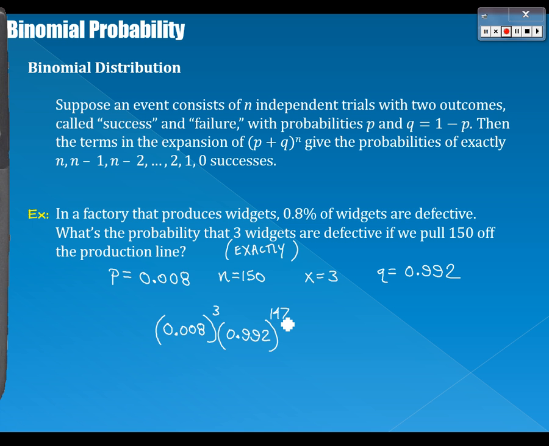It could be 3 defective followed by 147 good widgets. Or it could be the first widget is defective and the next 147 are good and the last 2 are defective. That would be a good way to do it. How many ways are there to do it? Something, choose something. Say it louder, Andrew. Yeah, 150 choose 3, or 150 choose 147 would be a fine way to say it too. Very good.